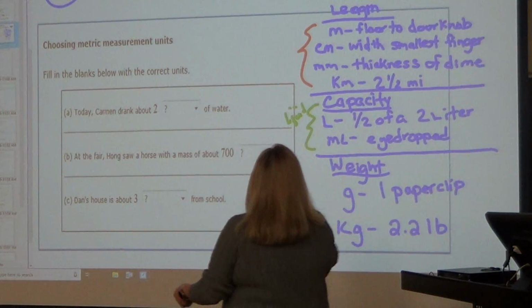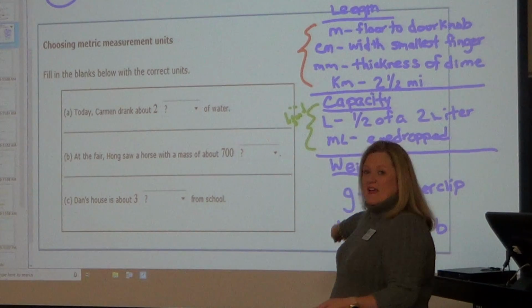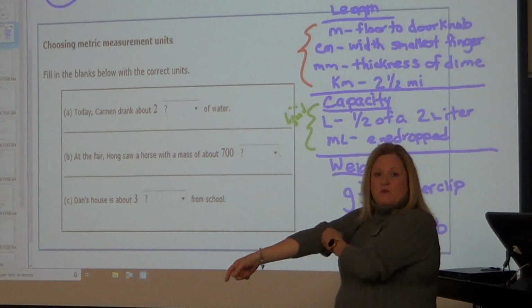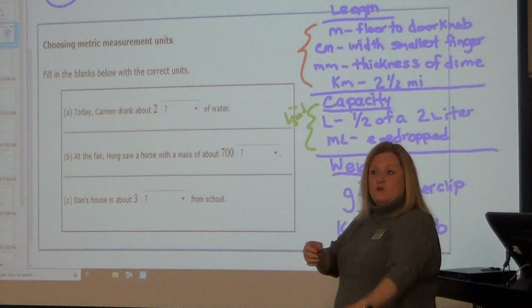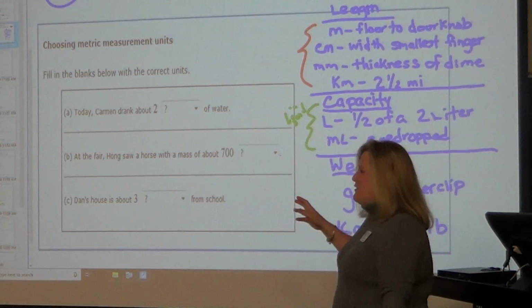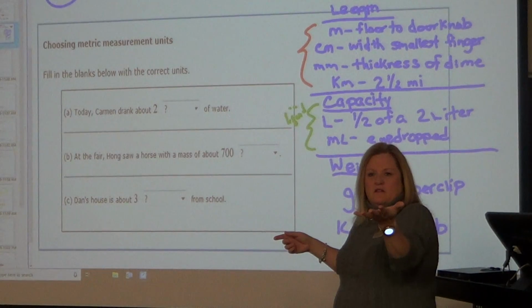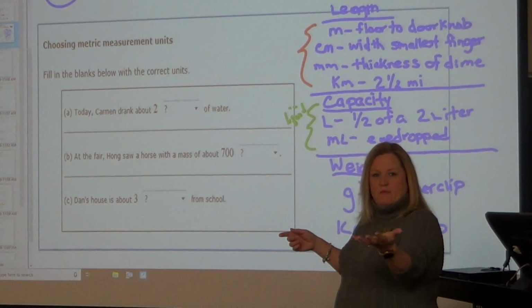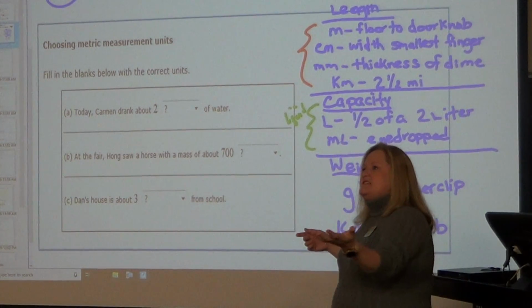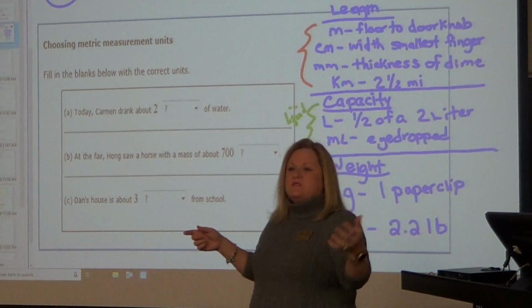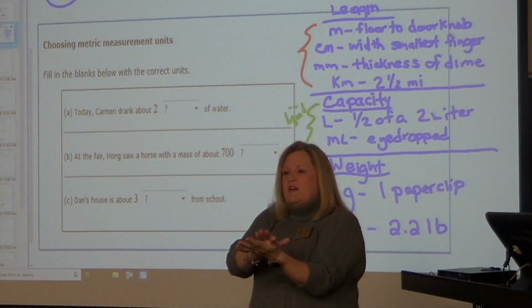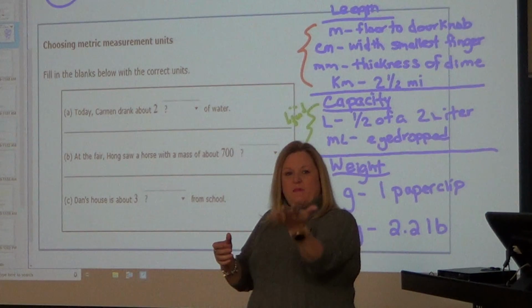Okay? Weight, how much something weighs: grams and kilograms. Hopefully we only hear this on the news or on Cops or America's Most Wanted or whatever. Grams, if you have a gram of drugs, that is the weight of a paper clip. So if somebody says, I was caught with 3 grams of whatever, that is 3 paper clips.